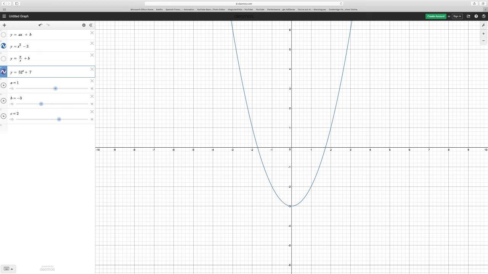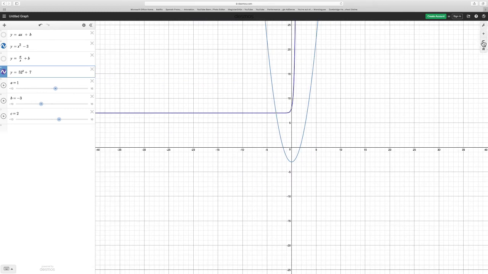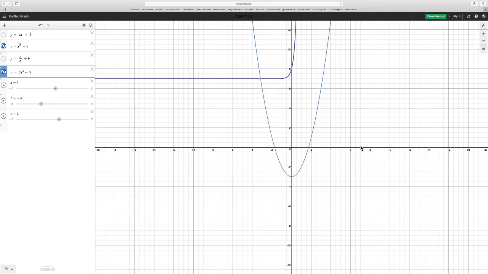Now we want to draw both graphs so that you can see it. Let's just zoom out a bit. Oh, that's a hectic graph there. Okay, so now we're asking, where is f of x greater than g of x?